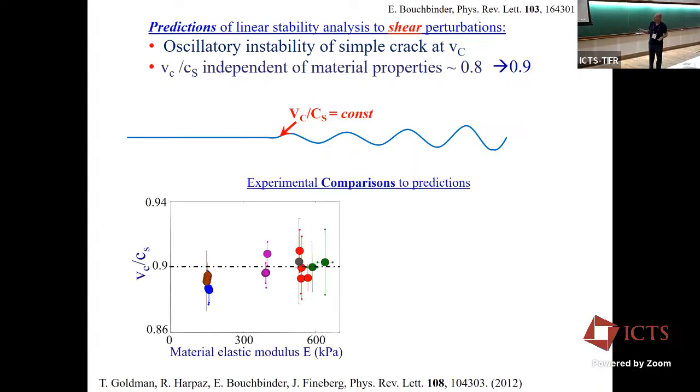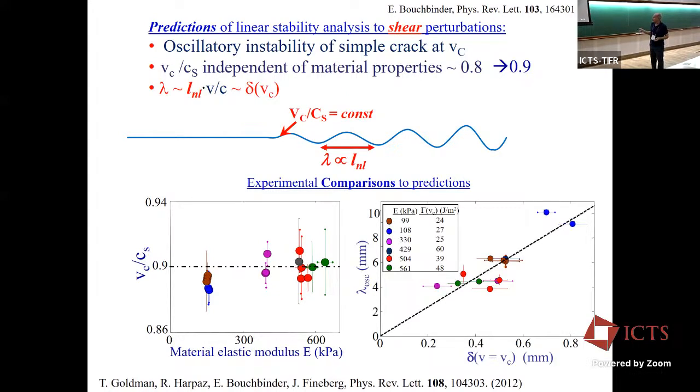As a function of all of these, the different colors are different materials with different Young's elastic moduli, different fracture energies. Okay, so this is the experimental observation that this critical velocity is always around 0.9, no matter the Young's modulus of the material.